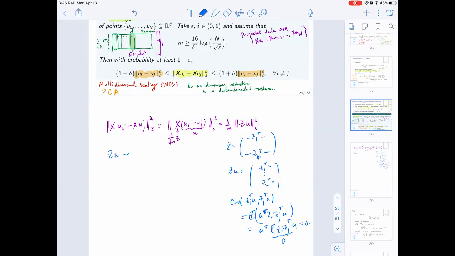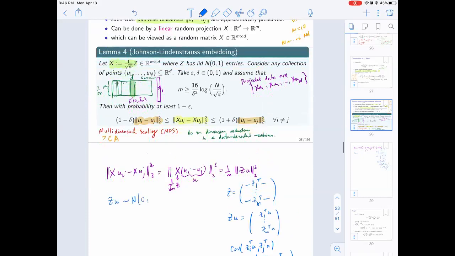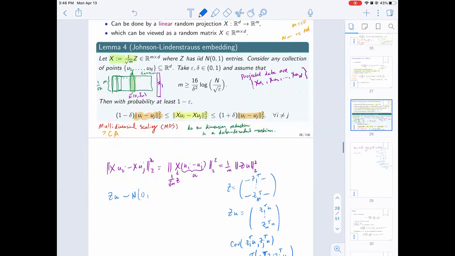So the covariance is 0, and the variance is also the identity.